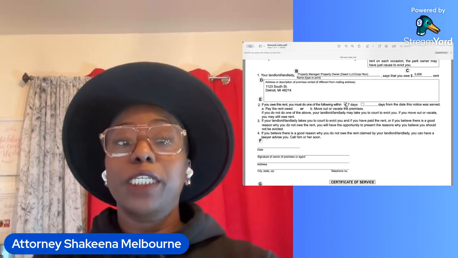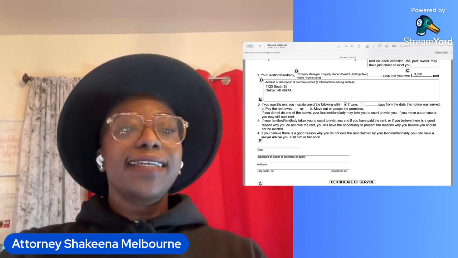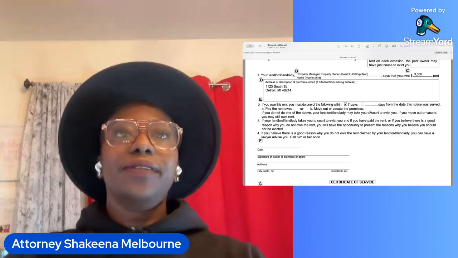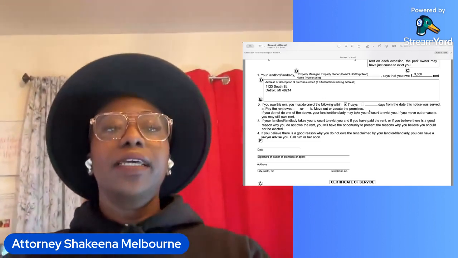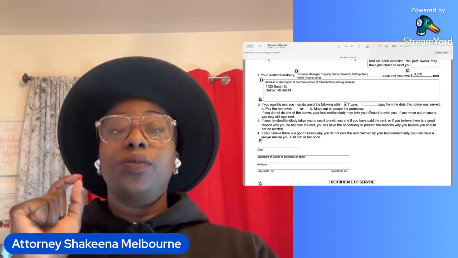I know. Now, you're going to check the box, and it gives them the options. Look, it says pay the rent owed or move out. Shocking. Okay. Please note, though, that these are the terms that exist when you get to court.